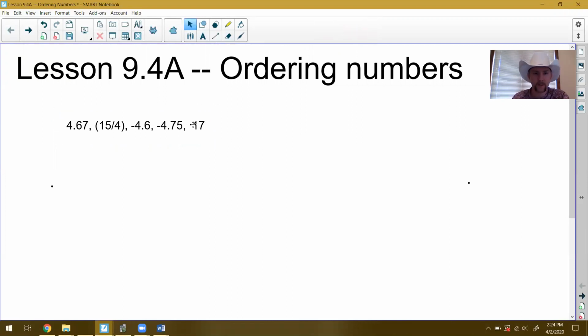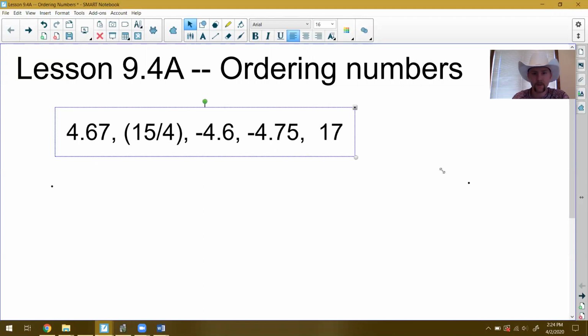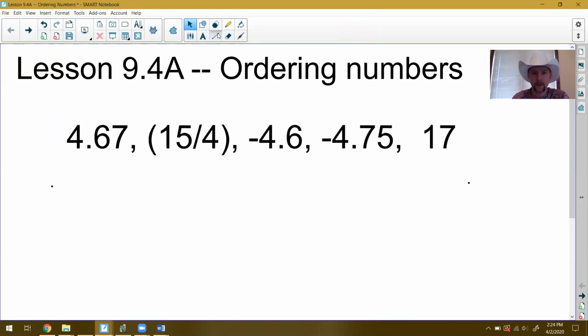So we might be asked to order them from smallest to biggest. Now I'm not going to have a 17 there. It's going to have a square root of 17.